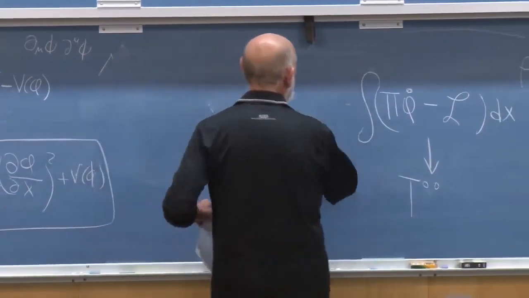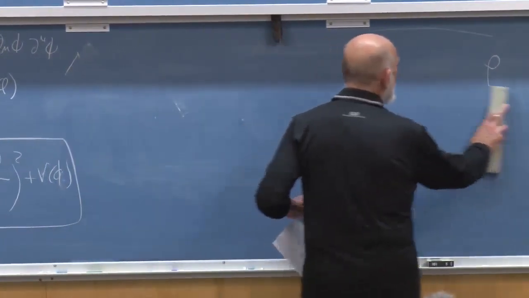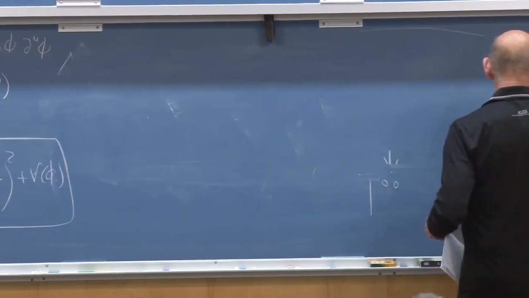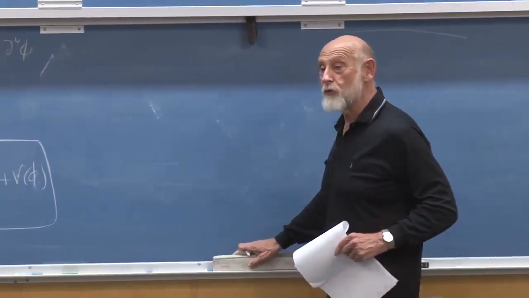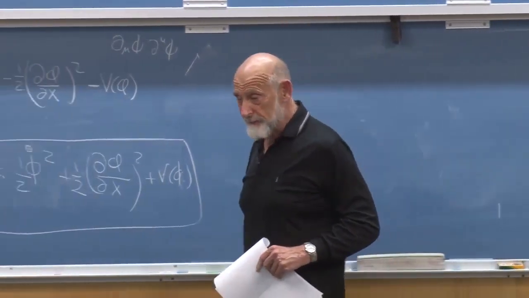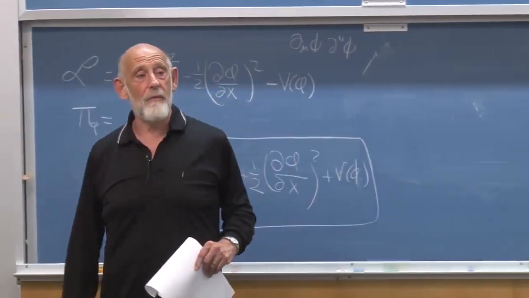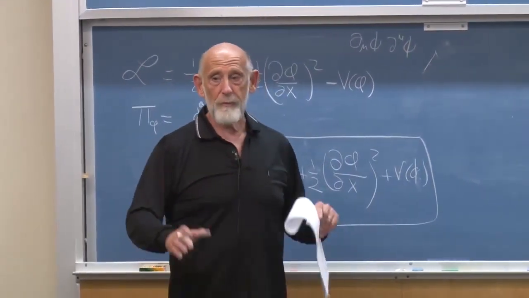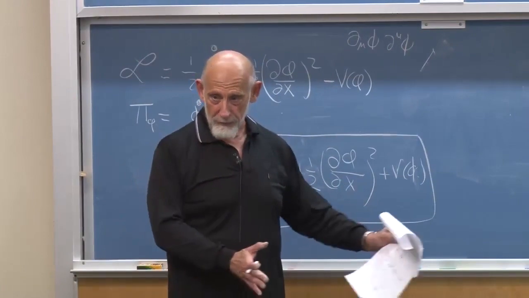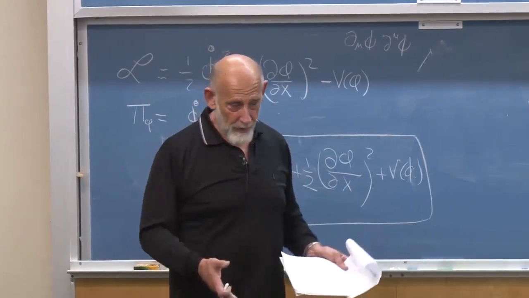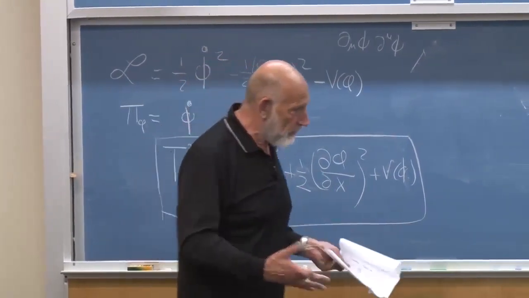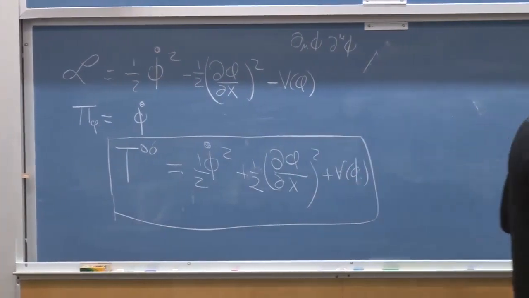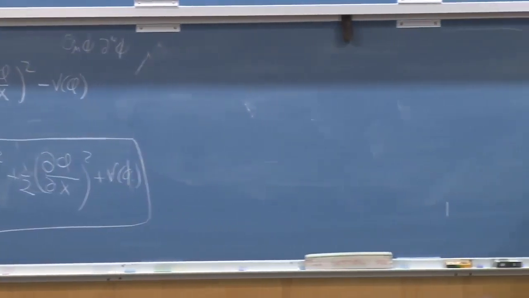Okay. Next, what about the momentum density? Now, by momentum, I don't mean canonical momentum. I mean the momentum which is conserved because of translation invariance. That general concept is due to Emmy Noether: every time there's a symmetry in the world, there's a conserved quantity that goes with it.